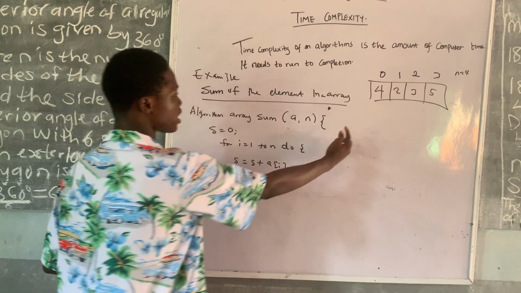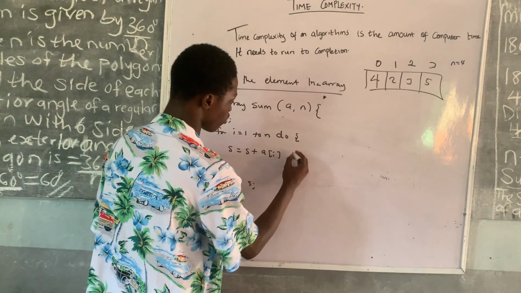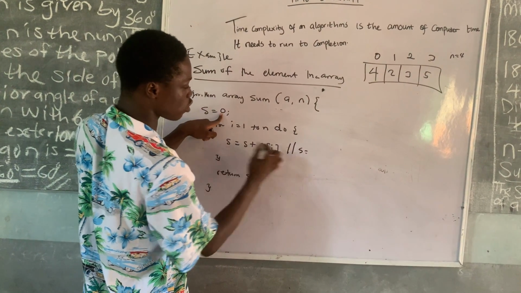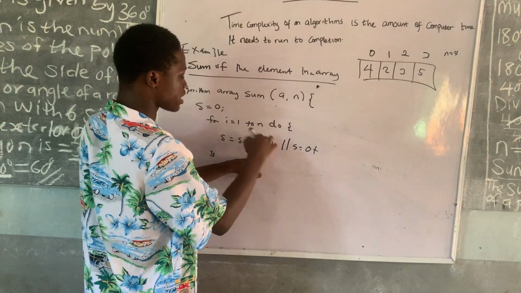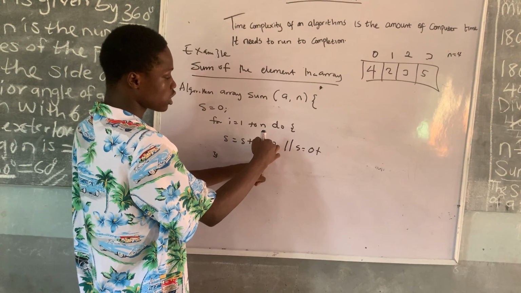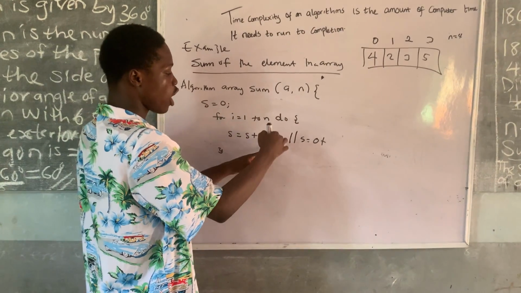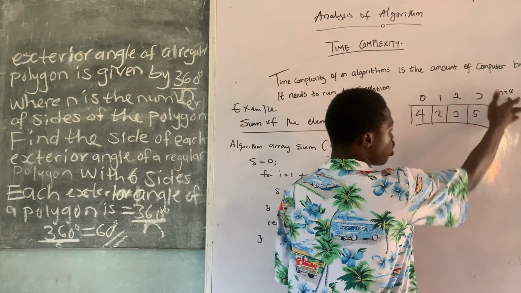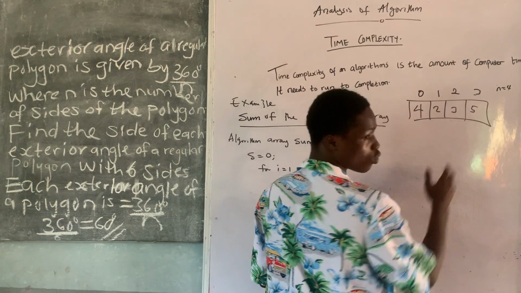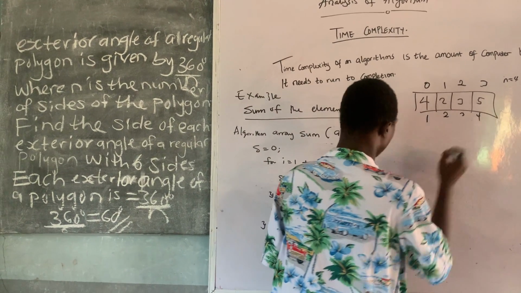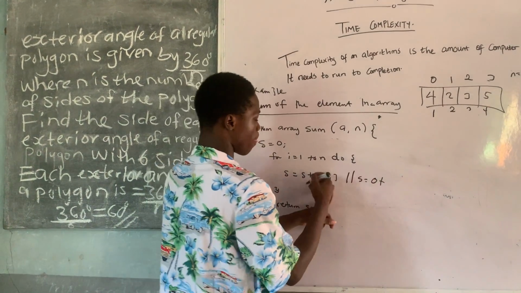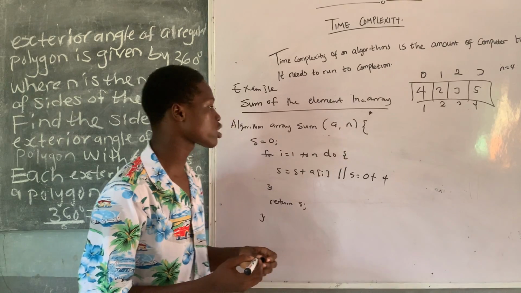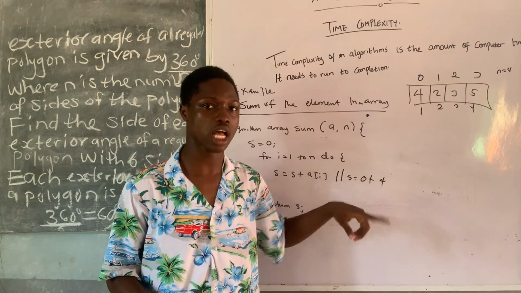Now, the first element is 4. So what's going to happen here is X, the initial X, is 0 plus A of i, that's A of 1. If the array is 4, 2, 3, 5, then A of 1 is going to be 4, which means this array is not starting from 0, it's starting from 1.